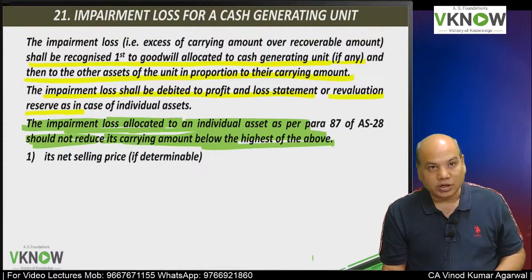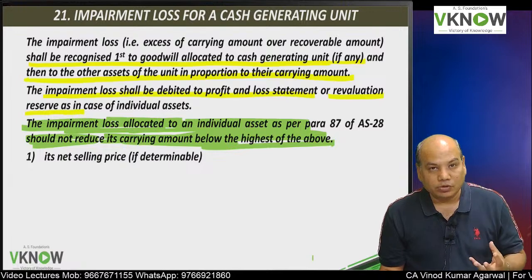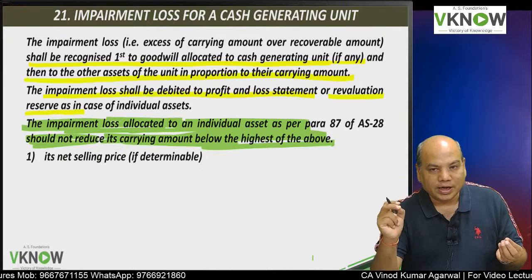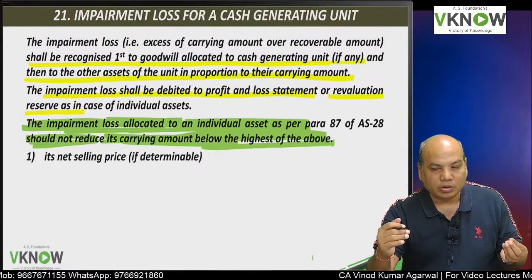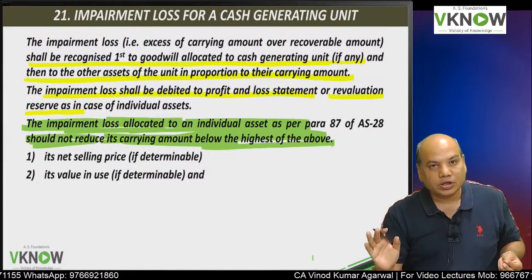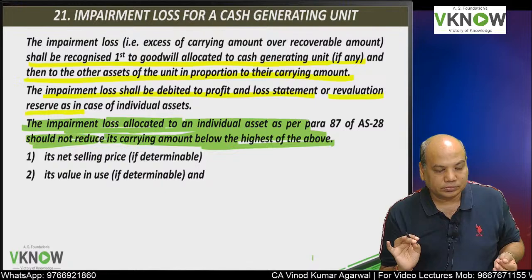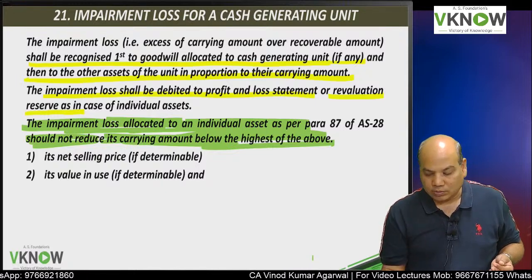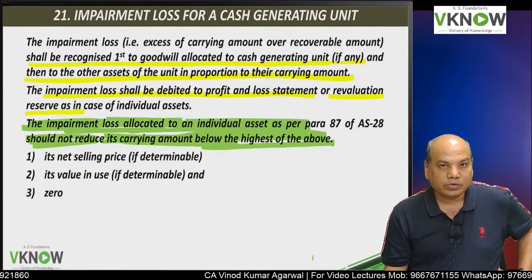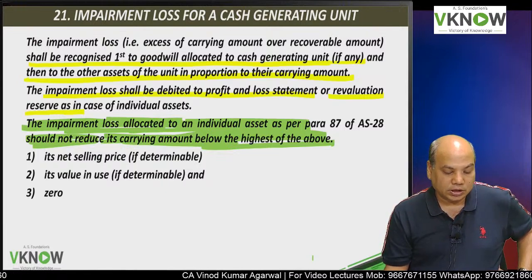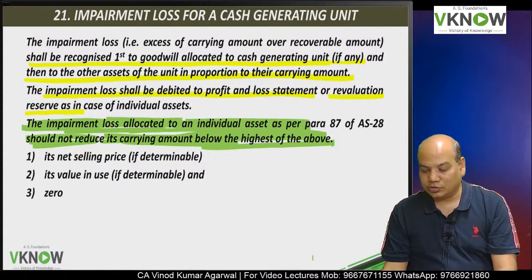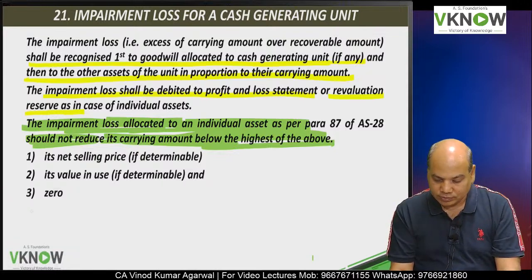Which three? One is net selling price. If an individual asset's net selling price can be determined, the carrying amount after providing impairment loss should not be lower than the net selling price, or its value in use if determinable. And next is 0, to ensure the carrying amount of the asset does not become negative. Okay.